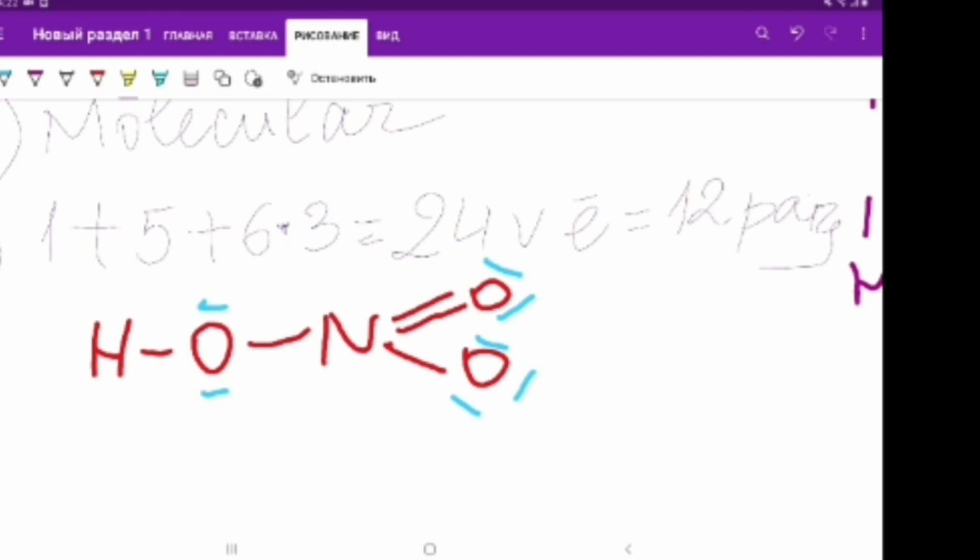And now let's count the overall number of pairs. 1, 2, 3, 4, 5, 6, 7, 8, 9, 10, 11, 12. So we have 12 pairs. Well, I mean that this is a correct structure.